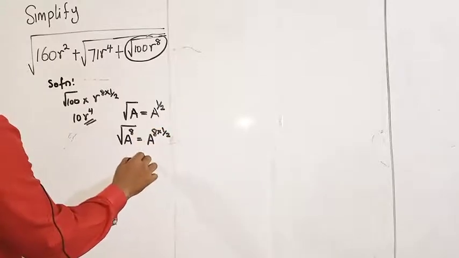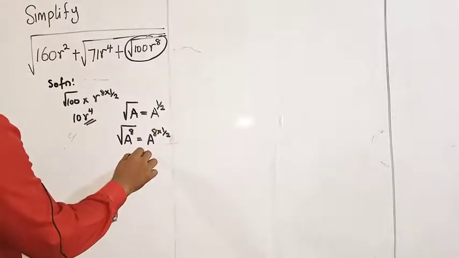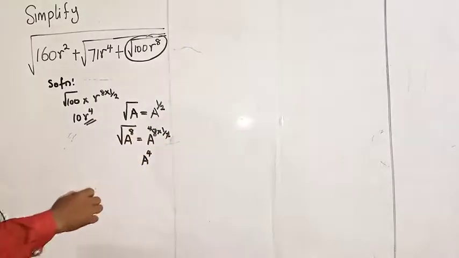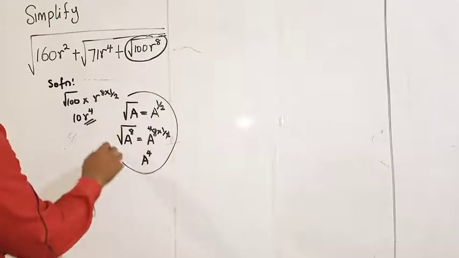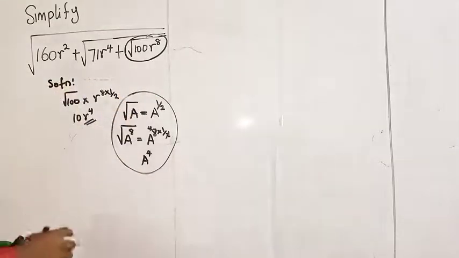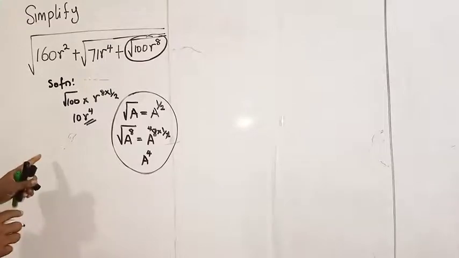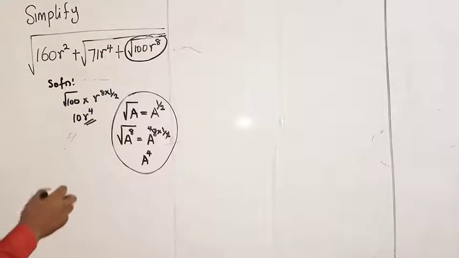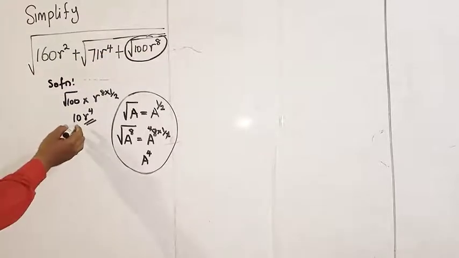So you have a raised to the power 4, because 2 will cancel 8, and you have 4 left. So have this at the back of your mind throughout this expression, because we are going to be using it throughout. Having said that, I have finished with 100r raised to the power 8, and everything gave me 10r raised to the power 4.